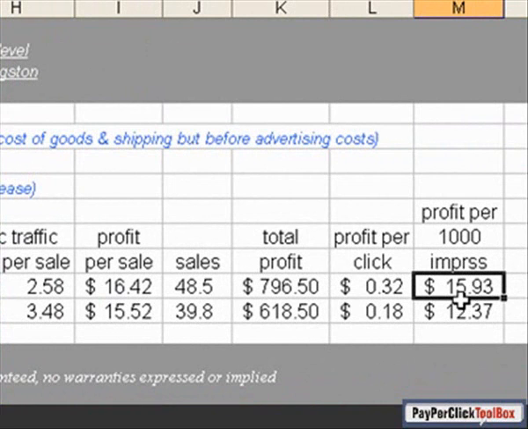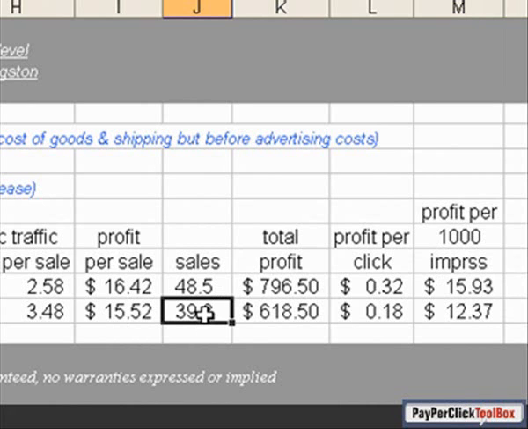A couple of really important things when you're running this type of analysis. One is that, remember when I told you that when you're doing split testing, you want to wait until you've got at least 30 clicks on the lower performing ad? Well, in this case, you want to make sure that you've got at least 30 sales or 30 conversions.